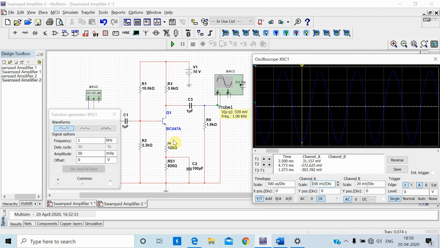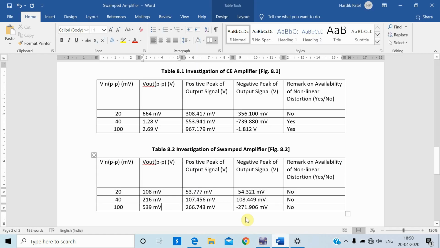Because of this negative feedback the gain is reduced, which you can observe in this sheet. So the absence of nonlinear distortion is at the cost of a reduction in output voltage, or we can say it is at the cost of reduction in gain. That's all. Thank you.